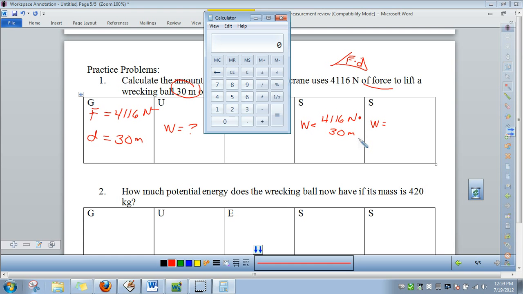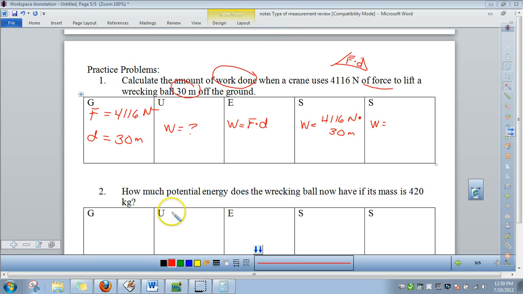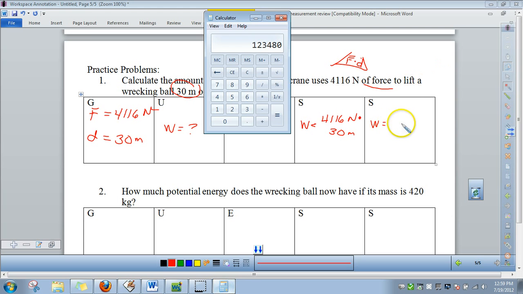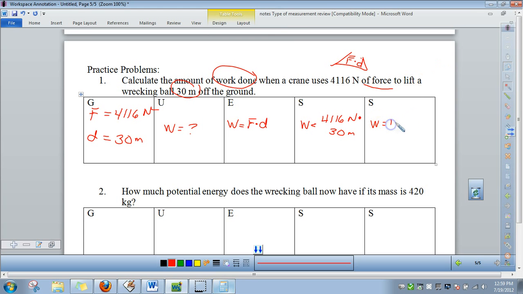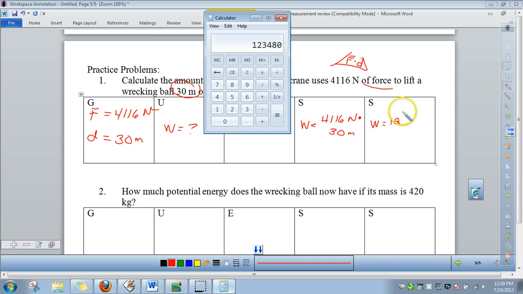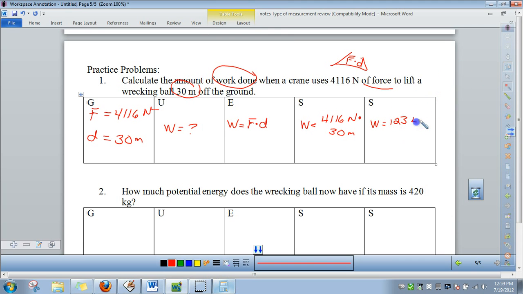And now let's pull out the calculator. 4,116 times 30 meters equals, 123,480 joules. That is a lot of work.